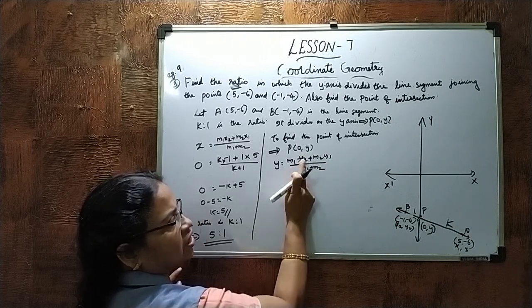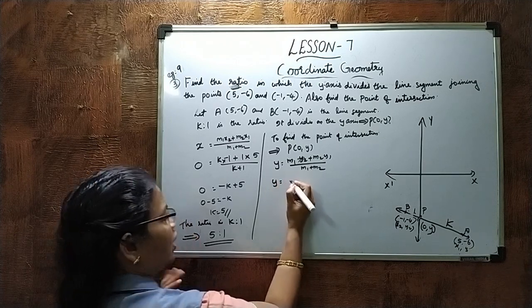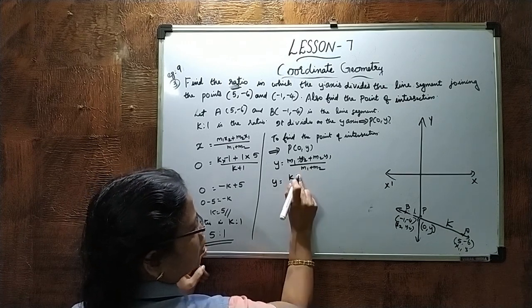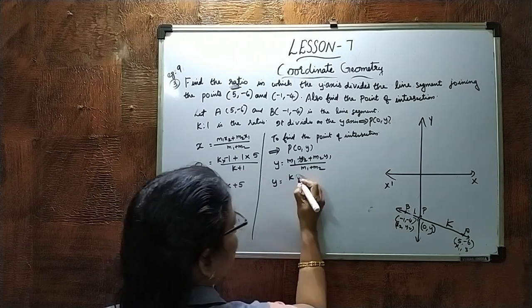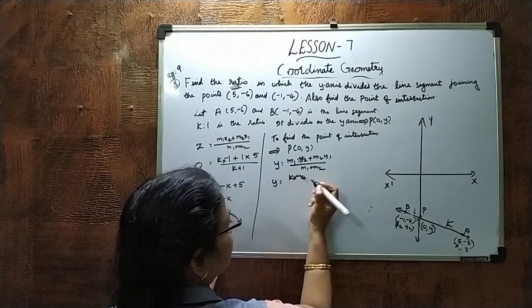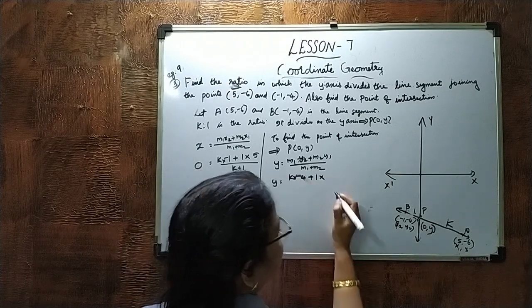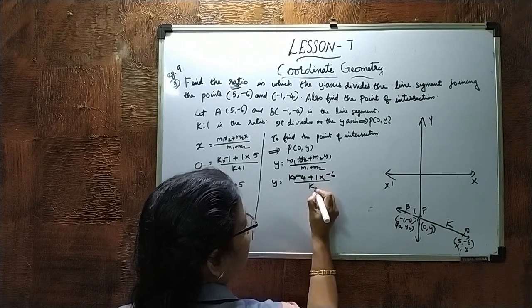And here k we are substituting. So y equals, m1 is k, so first we write k y2. y2 here is negative 4. K into negative 4 plus m2 is 1 into y1. y1 is negative 6, divided by m1 plus m2, k plus 1.